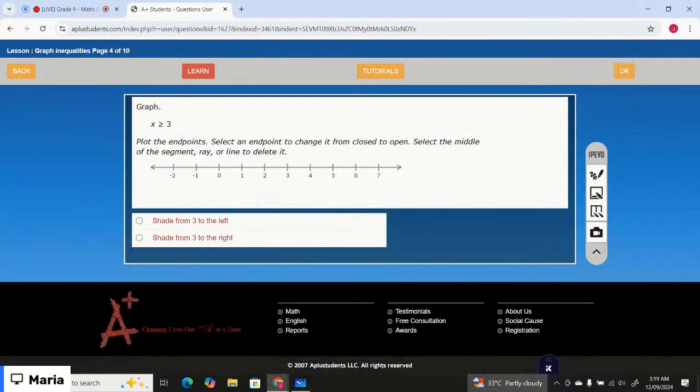Graph x is greater than or equal to 3. Which is the correct option?